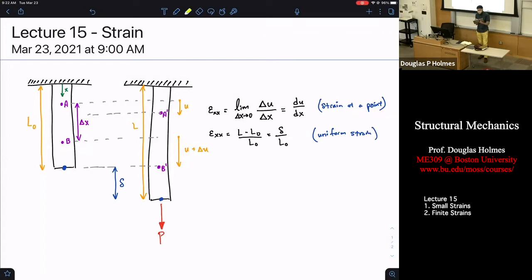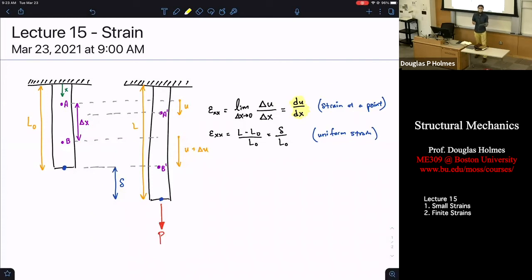We see that when we consider what the strain at a point looks like, we end up having to take the limit of two material points that are really close together, which leads to a differential equation. Now you see I wrote these little d's as regular d's. That means this is an ordinary differential equation. And it's an ordinary differential equation because there's no strain in y or z as I've drawn it here.